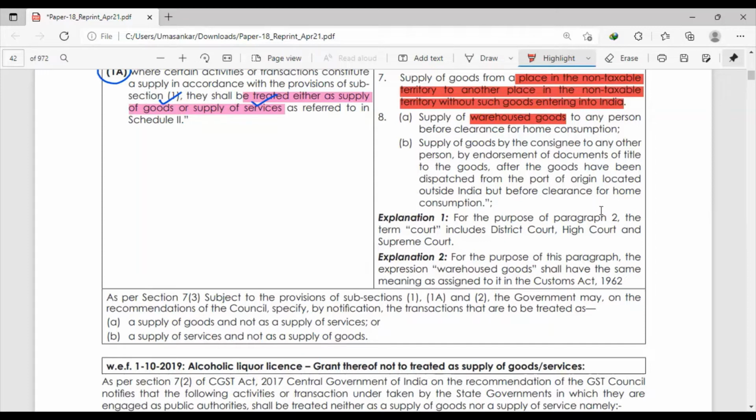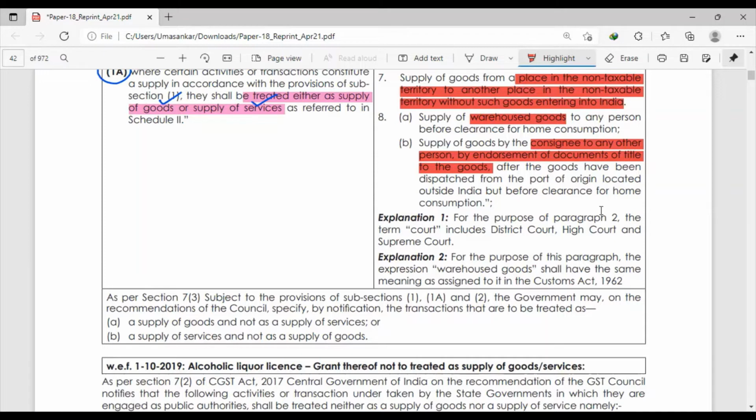Next point, supply of goods by the consignee to any other person by endorsement of documents of title of the goods. Suppose any goods are under import and in transit, meaning they have already left the country of export. Now they are going to reach our country, but before reaching, the buyer of the imported goods has transferred them to another party by endorsement of documents of title.